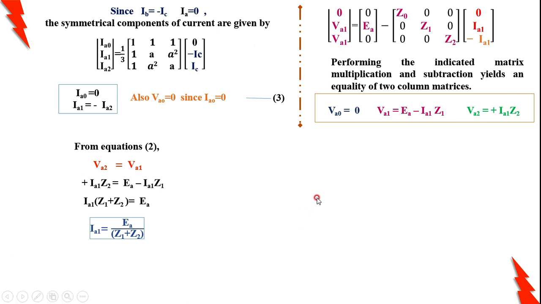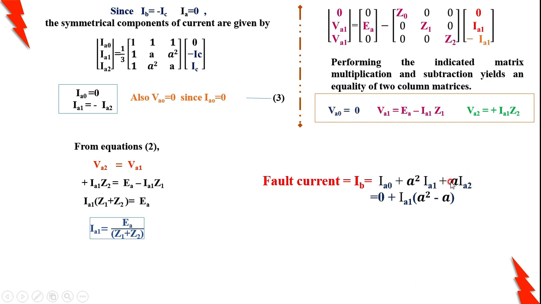The fault current is IB equal to IA0 plus A square IA1 plus A IA2. IA0 is equal to 0, and IA1 is equal to minus IA2, therefore this term becomes minus A IA1.